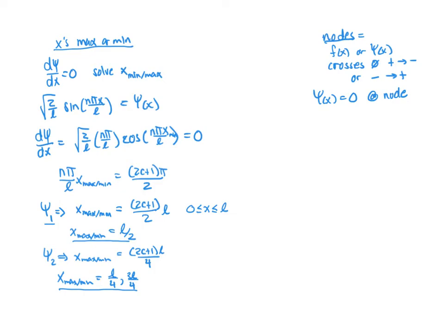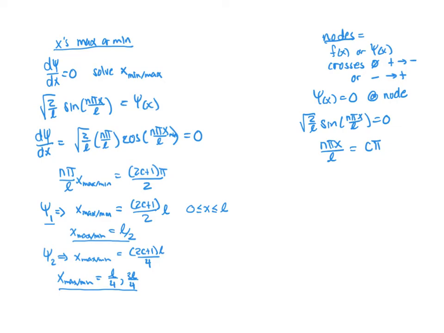So I take my actual wave function, 2 over L sine n pi x over L, and set that equal to 0. So that's going to be 0 when the argument, so x of my node values of x, are going to be integer values of pi, because that's where sine is equal to 0.